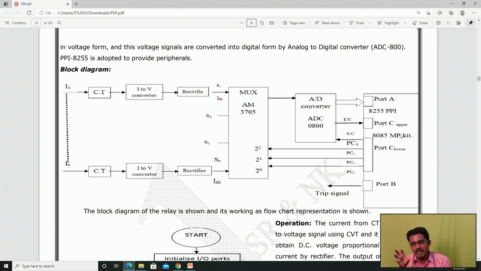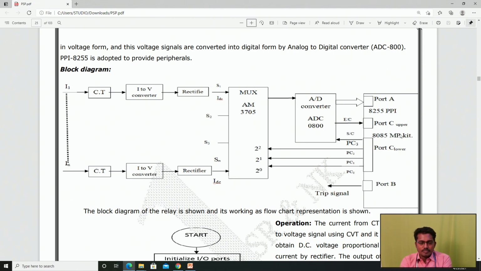The microprocessor compares it with the reference value already stored in the memory. After the comparison, if there is any change, it automatically comes to the relay sensing point. If there is no change, the microprocessor will not produce any output signal.